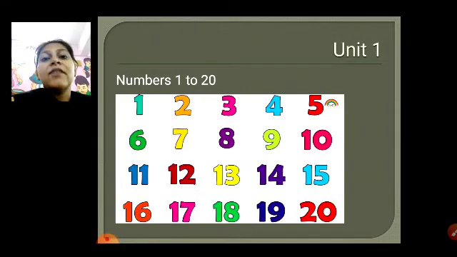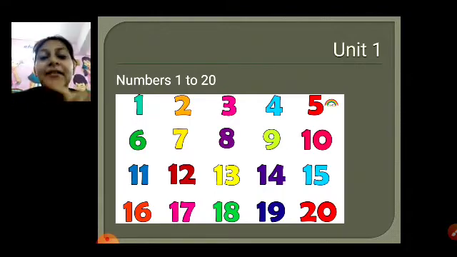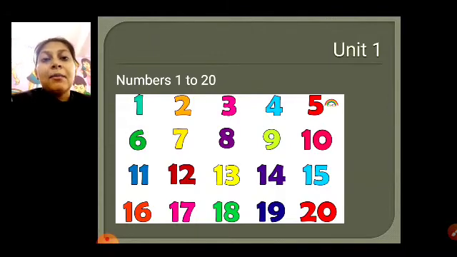Also we see the 1 digit numbers and 2 digit numbers, right? So 1 to 9 are the 1 digit numbers, and 10 is made from 1 and 0, so this is a 2 digit number. So after 9 the numbers are 2 digit numbers, right?